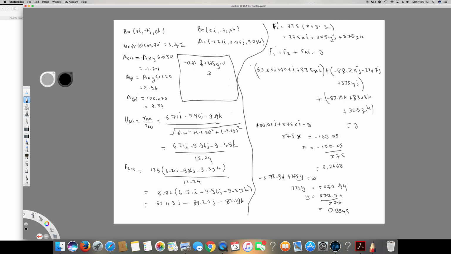So 375z is equal to 0.01. If I divide this number by 375, it's going to be a really small number. Let's see what I get. 0.01 divided by 375 is 0.00000266.